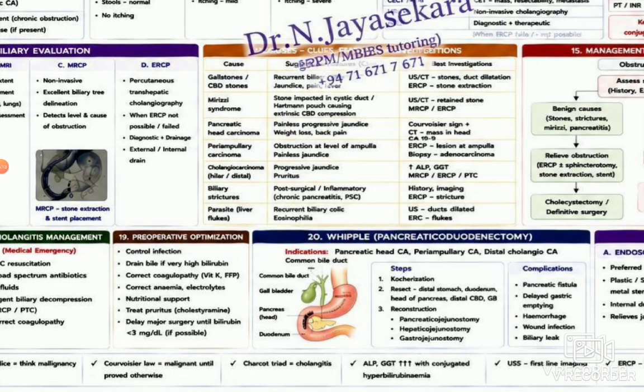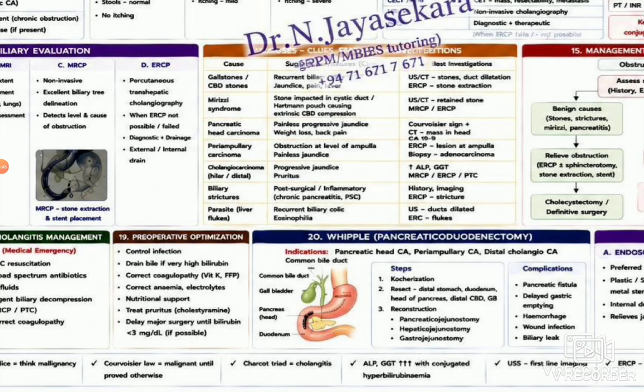Correct vitamin K deficiency using vitamin K, FFP if needed. Nutrition. Many malignant patients are malnourished, especially pancreatic cancer patients. Poor nutrition increases the wound complications, infections, delayed recovery. Correct the anemia and the electrolyte imbalance before the surgery.